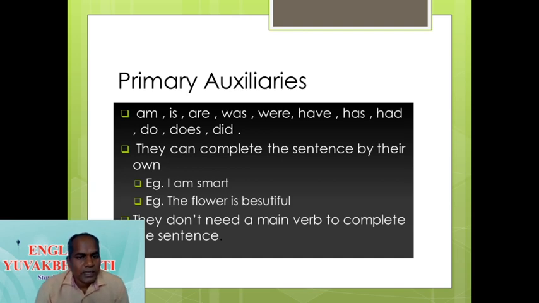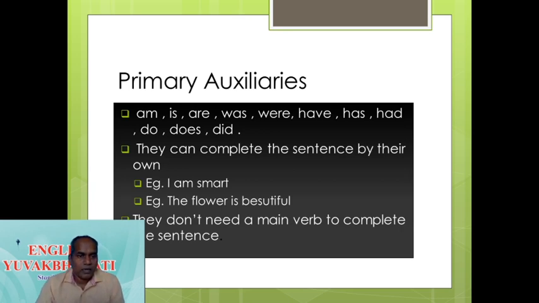In this sentence, is is playing the main verb. Though we know that is also plays the role of helping verb in present continuous tense, and am is also playing the role of helping verb in present continuous tense, here they are playing the role of main verb. Primary auxiliaries can play the role of main verb as well as helping verb. That's why they are called primary auxiliaries.